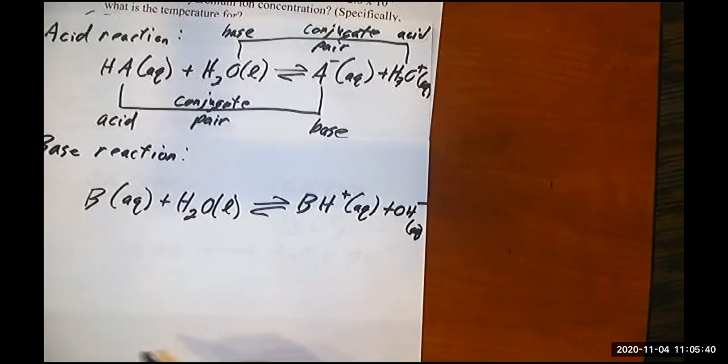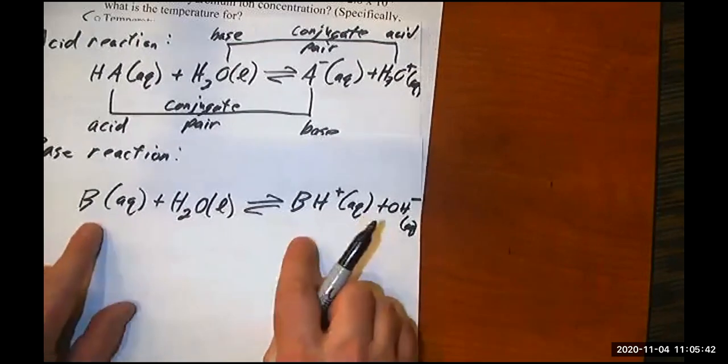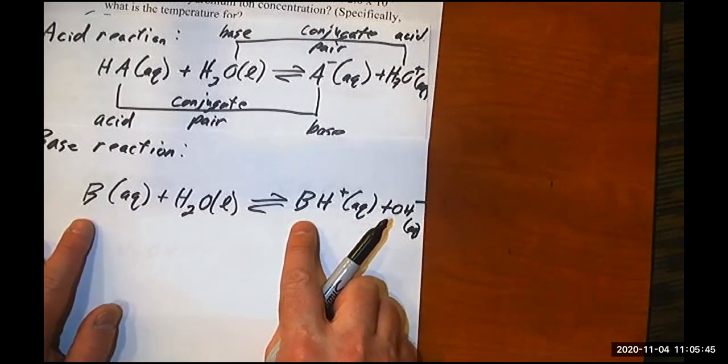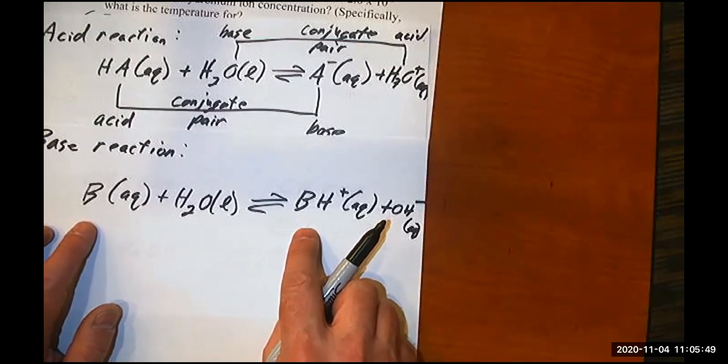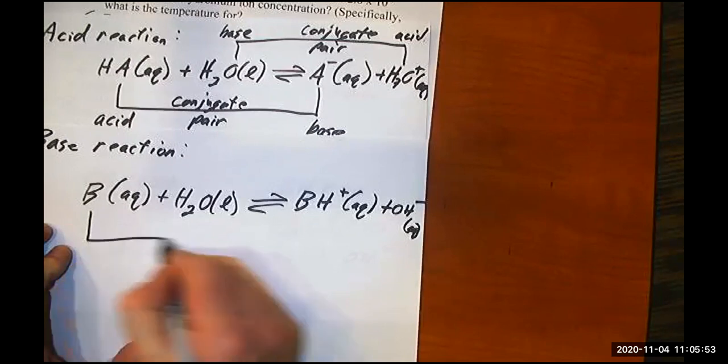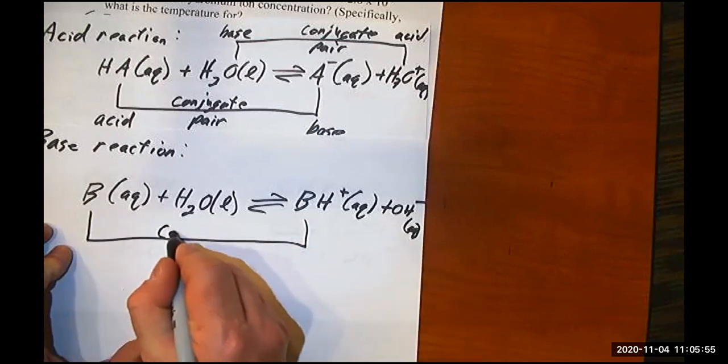And so once again, we have a substance that is acting as though it has two states, either with the proton or without the proton. And so that substance forms a conjugate pair.